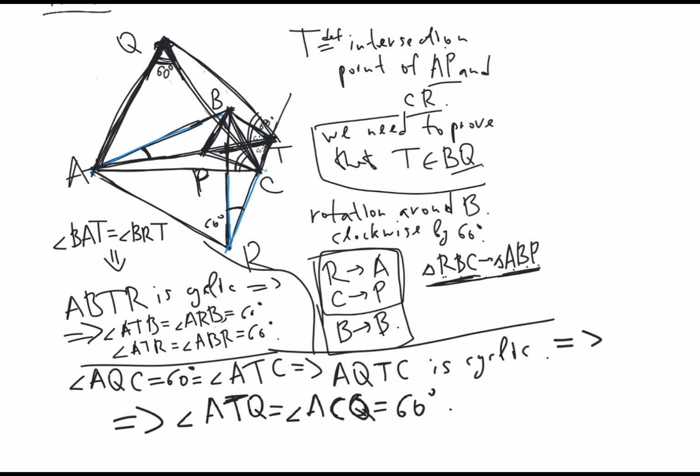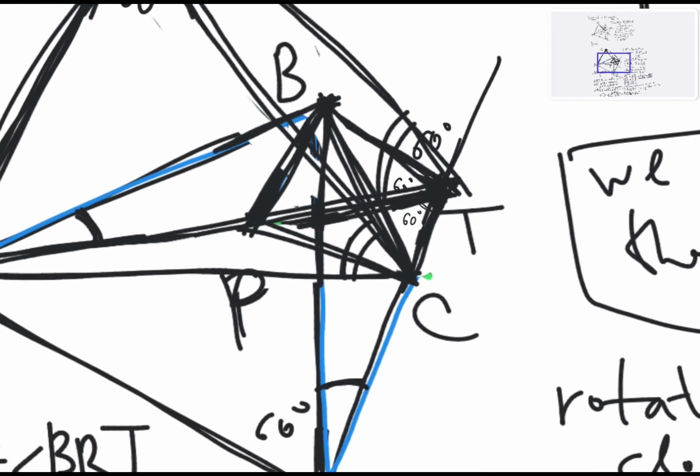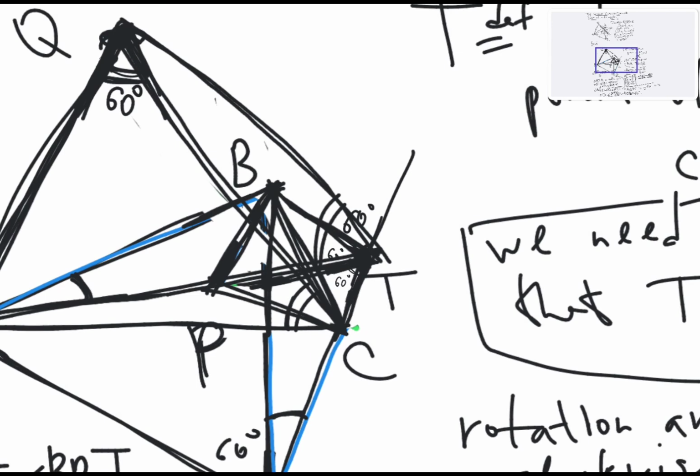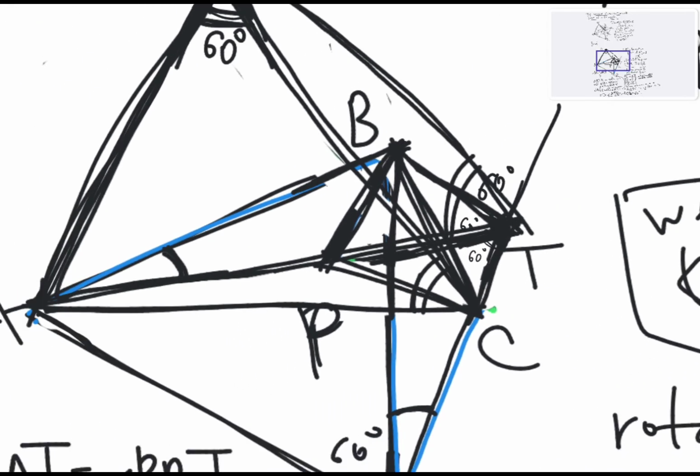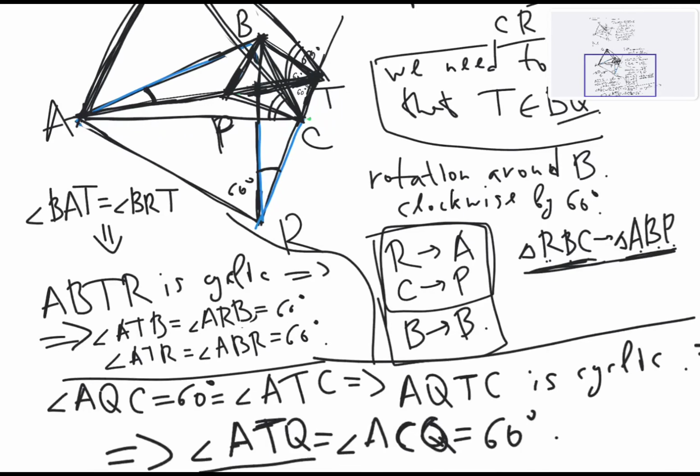So since ATQ is 60 degrees, and ATB is equal to 60 degrees from what we established previously, this implies that TB and TQ is the same line. So let me draw this separately.